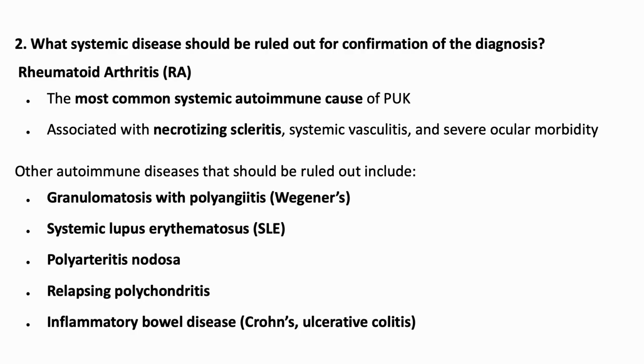The investigations for RA are rheumatoid factor, RF, or anti-CCP antibody, which is a more specific marker. Also, we need to rule out Wegener's granulomatosis, granulomatosis with polyangiitis; we need to check with C-ANCA and P-ANCA. For SLE, we need to check ANA and anti-double-stranded DNA. For PAN, we need to check with MPO antibody. And these are the other systemic associations.